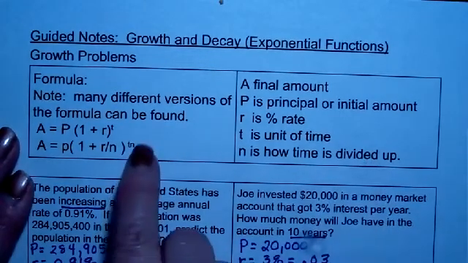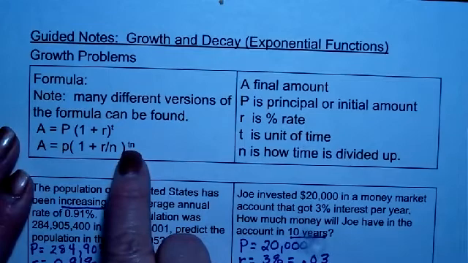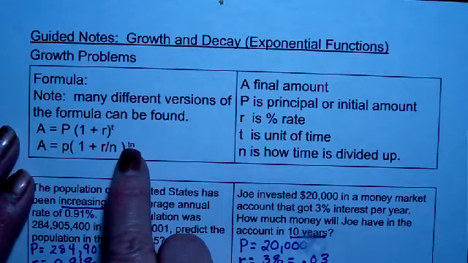Now also notice up here, the exponent is not just T anymore, it's T times N. It is how many years times how many times per year that you're splitting it up.